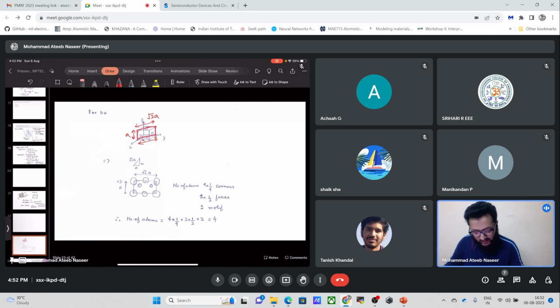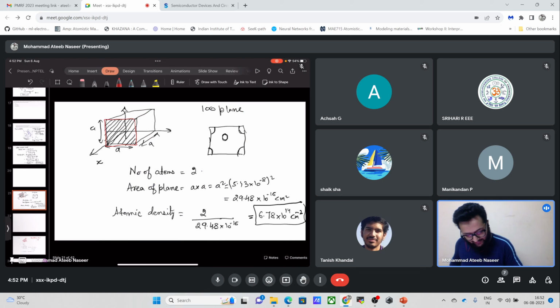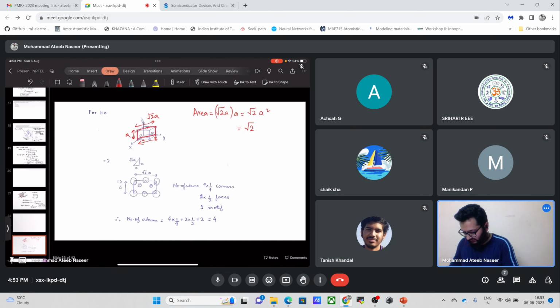As a result, the area would simply be root 2 a into a, which is root 2 a squared, or root 2 times the previous value that we obtained, 29.48 into 10 to the power of minus 16, which is 41.69.